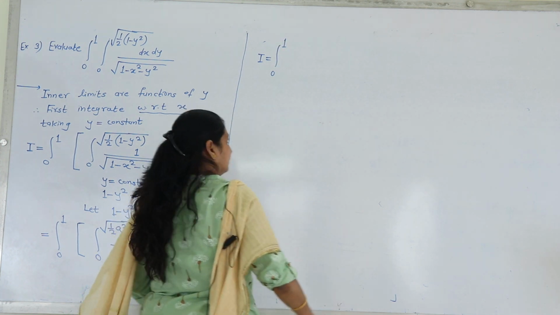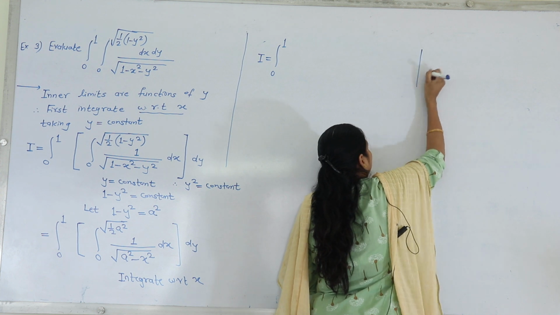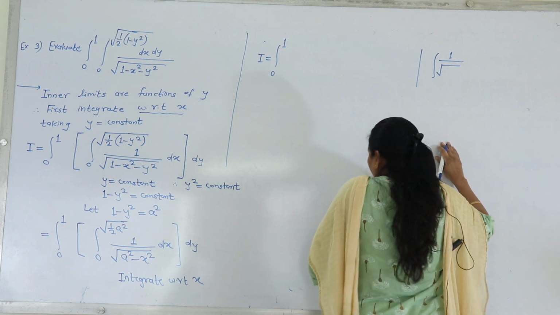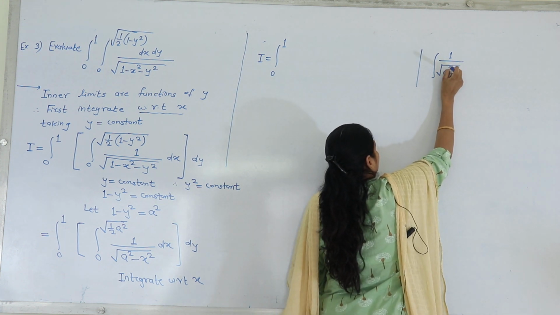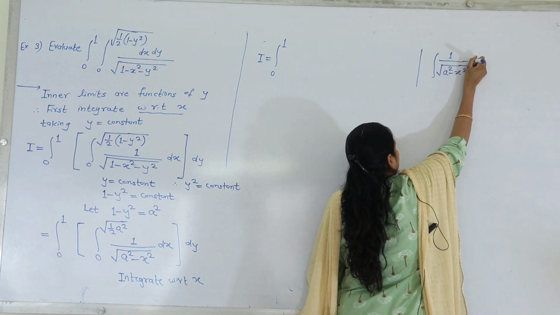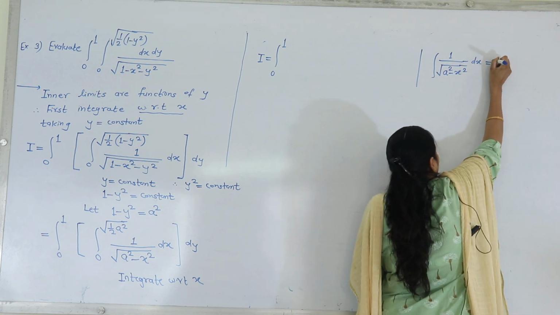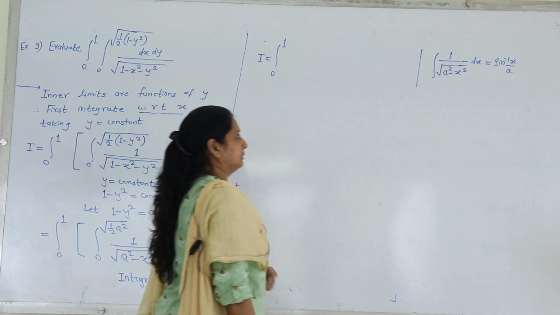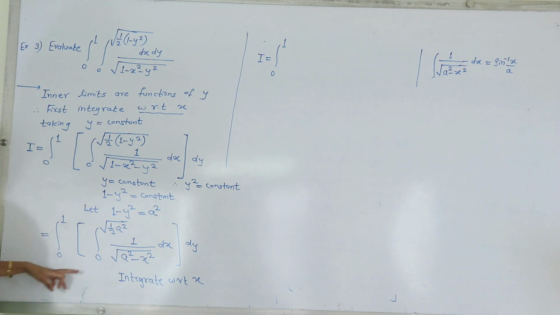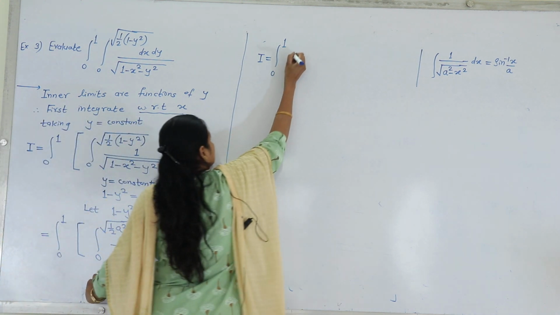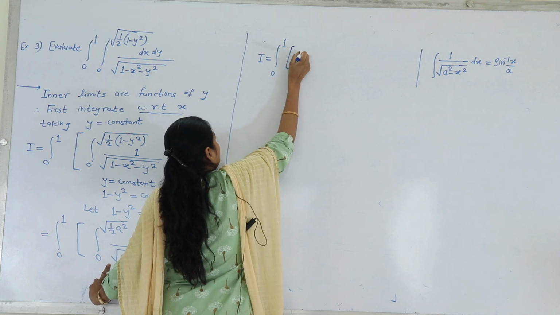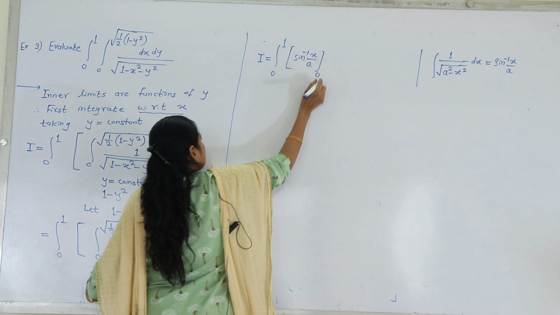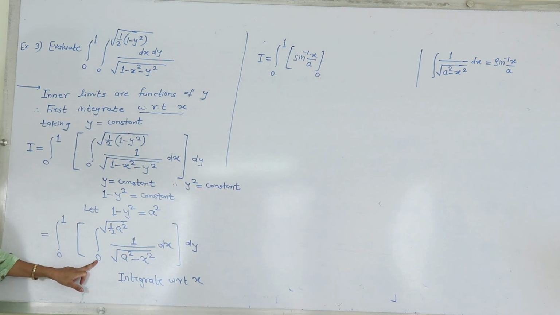Now for this term, the formula is integration of 1 upon under root of a square minus x square dx is equal to sine inverse of x upon a. For this term we use this formula. Integration is sine inverse x upon a, and the lower limit is 0.